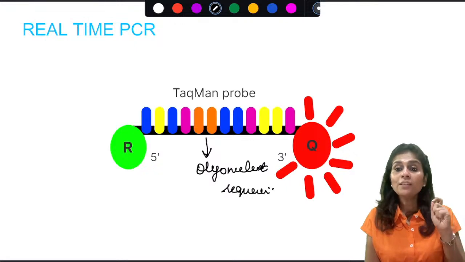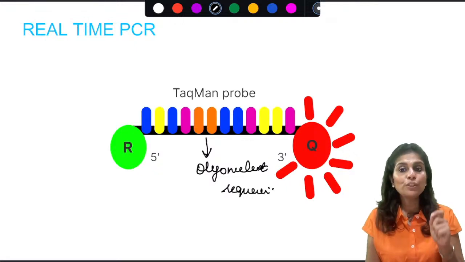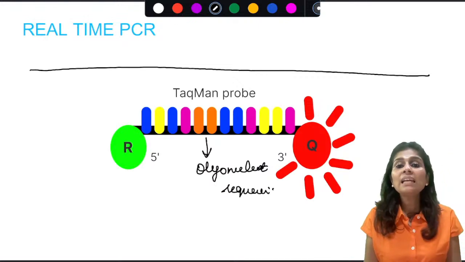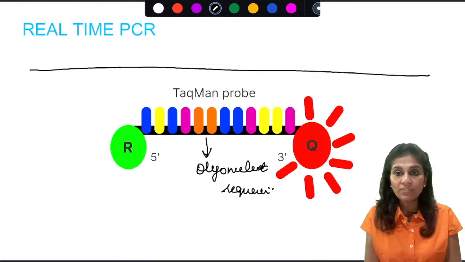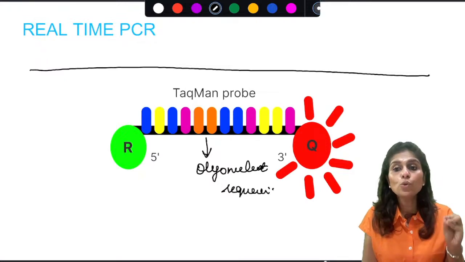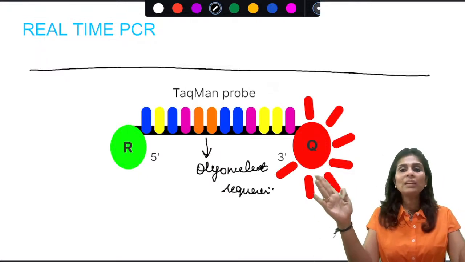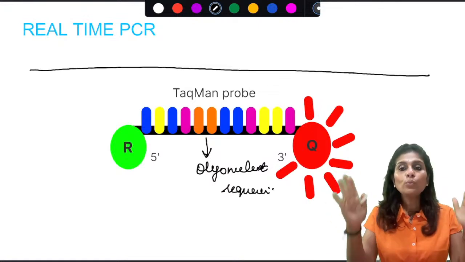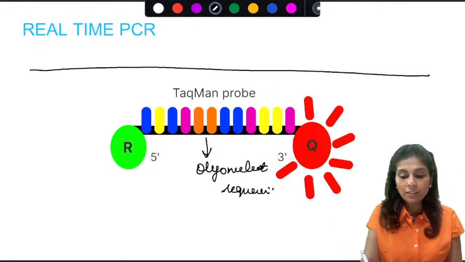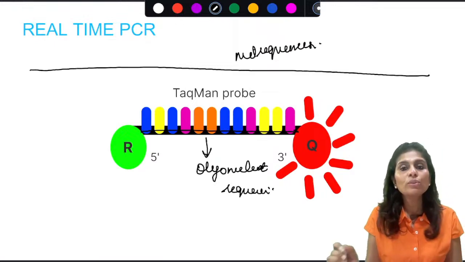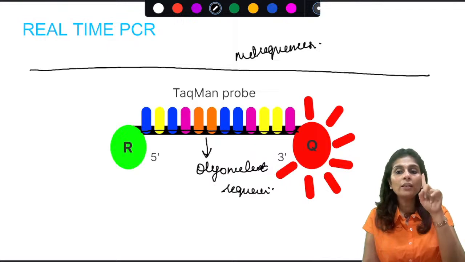It is an oligonucleotide sequence which is complementary to mid sequences of nucleic acid of interest to you. Which is the nucleic acid of interest to you now? It is SARS-CoV-2 nucleic acid. So SARS-CoV-2 nucleic acid will have multiple genes. You take one gene. In that gene, complementary to mid sequences of the gene, you synthesize oligonucleotide sequences. That is part number 1.